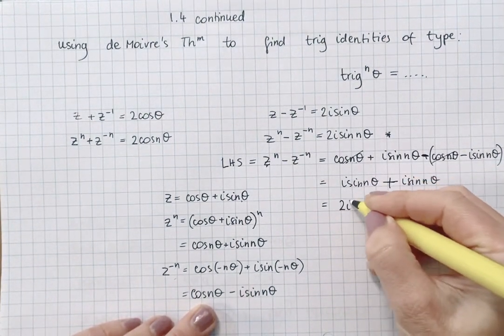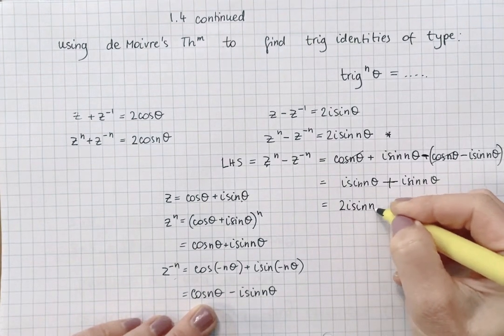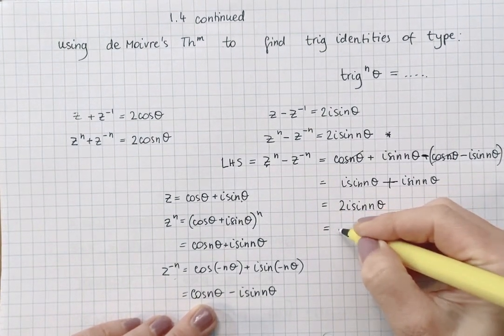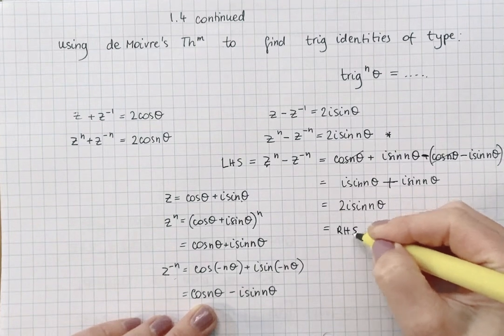So we've got 2i sine n theta, which is the right hand side, so it's proven.